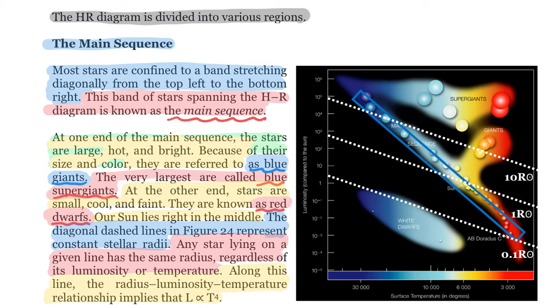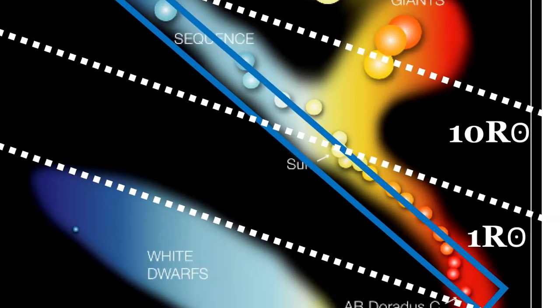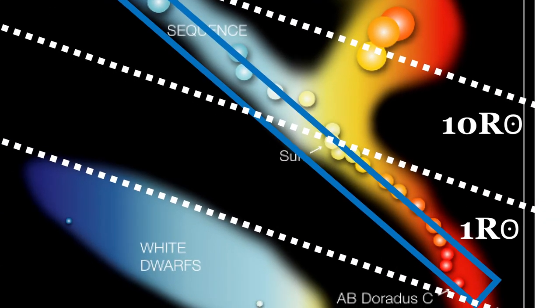So any star lying on a given line has the same radius. So if we look along these lines here, all these stars will have the same radius. Okay, so if we open up the sun's radius a little bit, we'll see that all these stars, there's our sun, will be the same physical size as the sun.